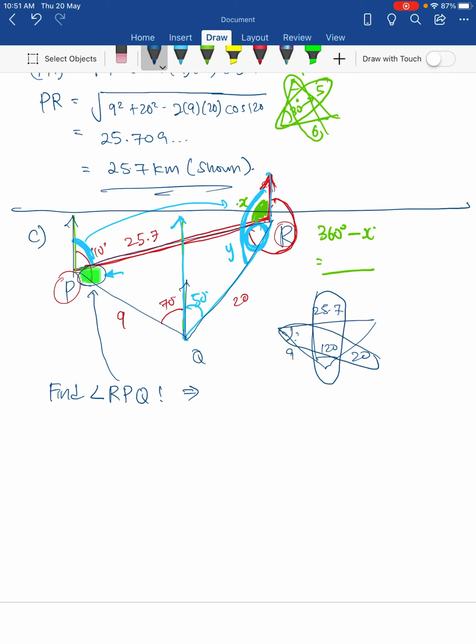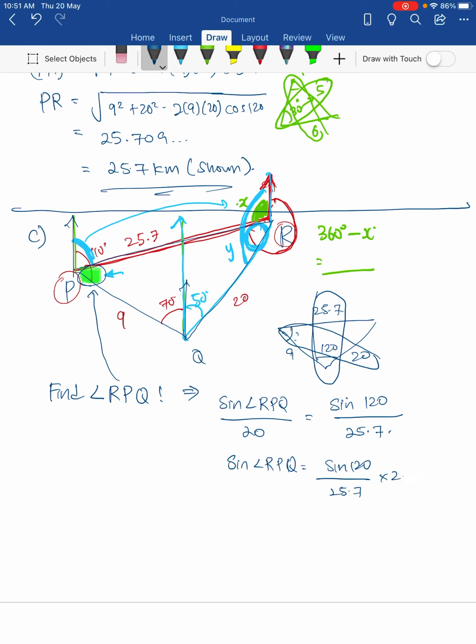I put the unknown. Sine of angle RPQ over 20 must be equal to sine 120 over 25.7. Then we can solve it. Sine RPQ equals sine 120 over 25.7 times 20.